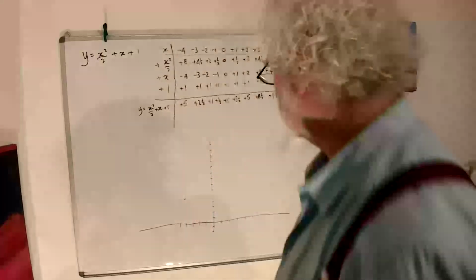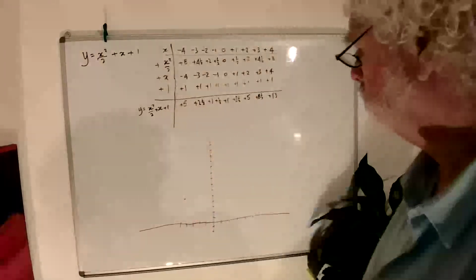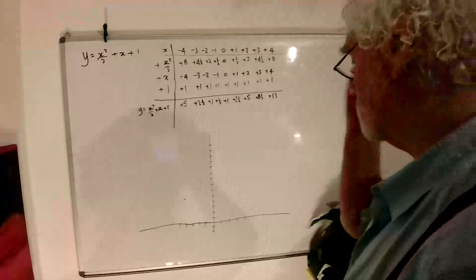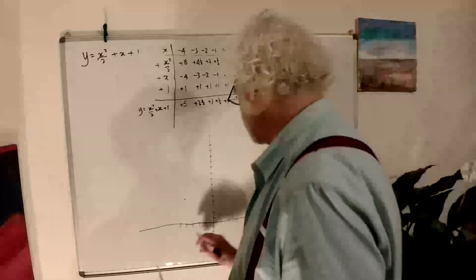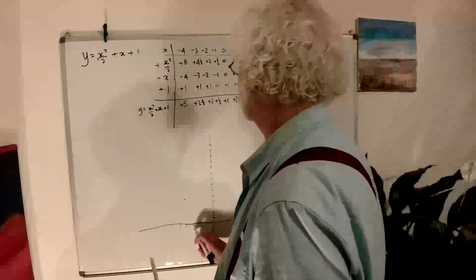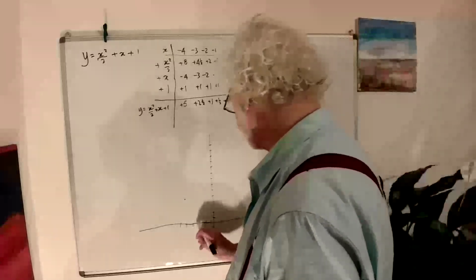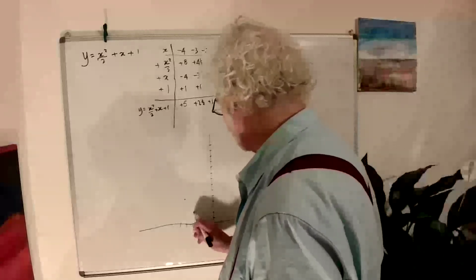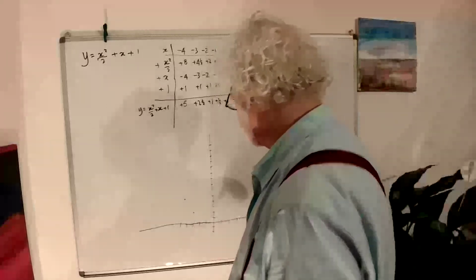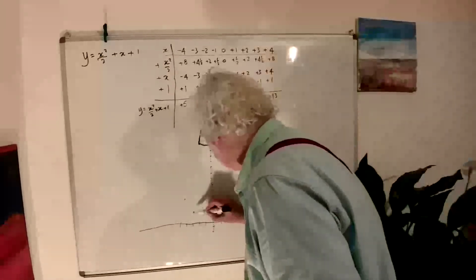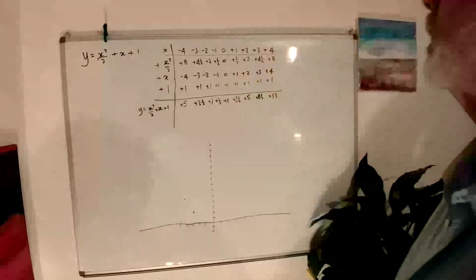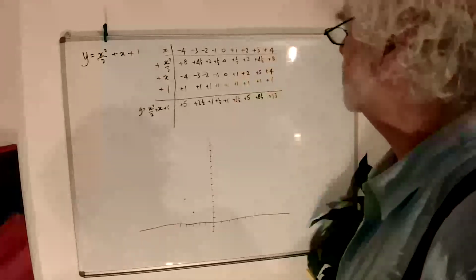When x equals minus 3, y equals 2.5. So it's there. When x equals minus 2, 1.